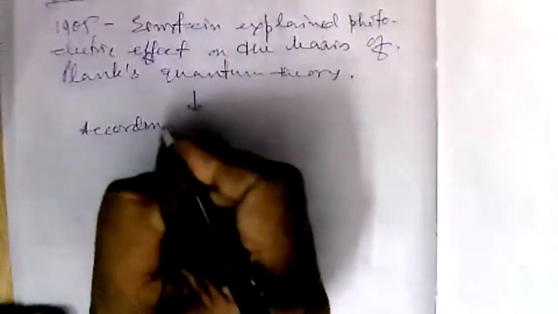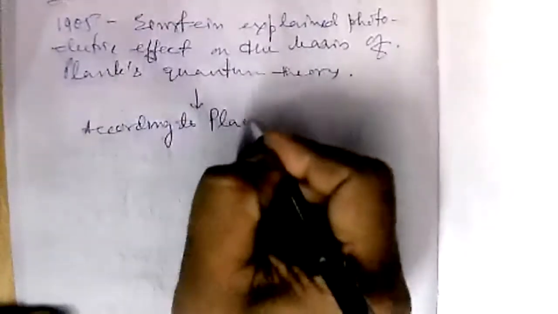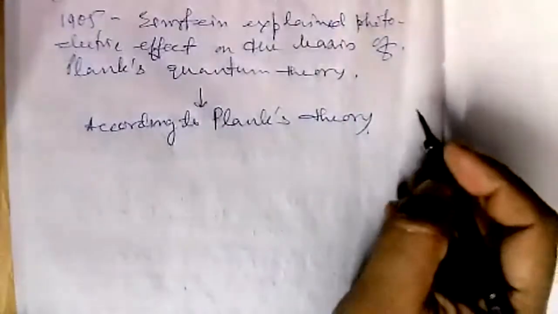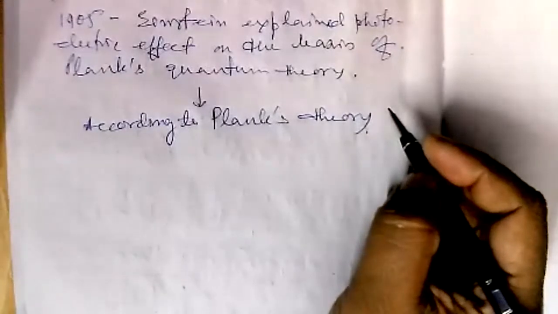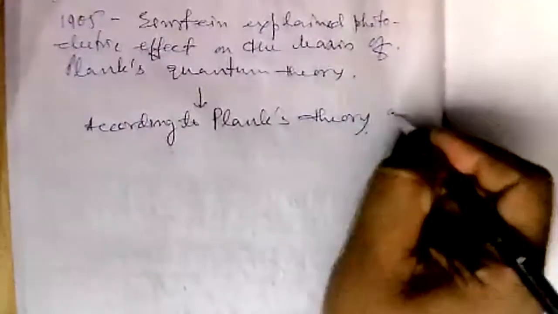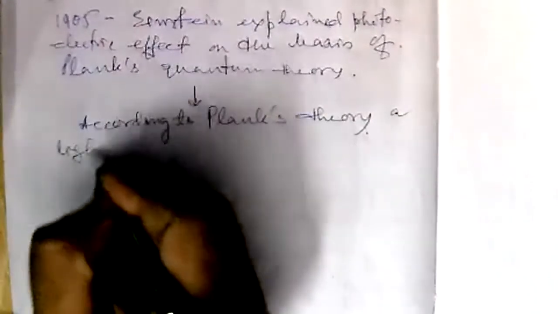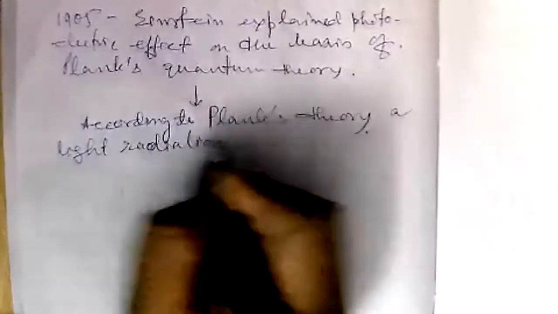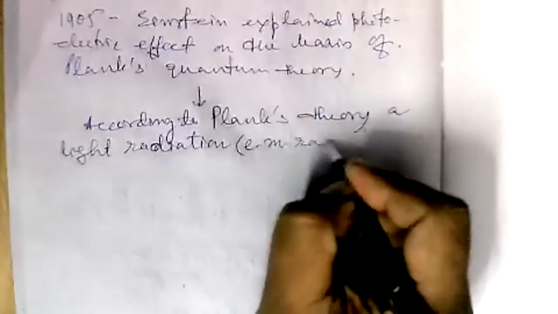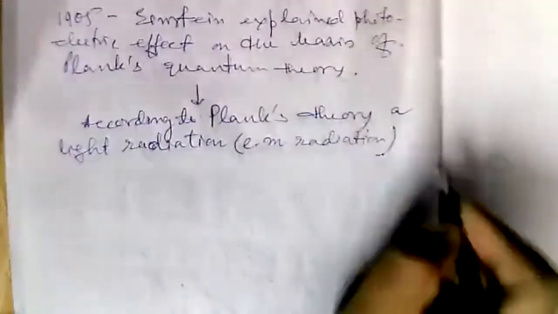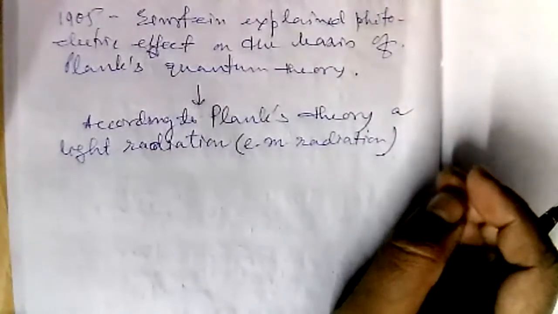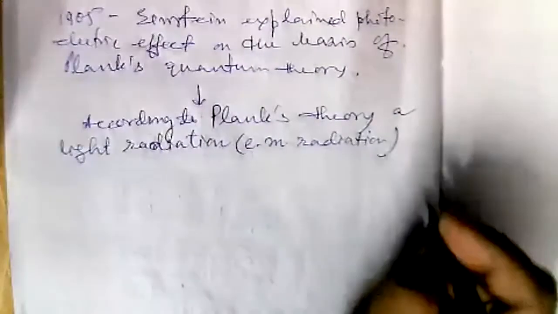Now, according to Planck's theory, light radiation, electromagnetic radiation, travels in the form of discrete photons.